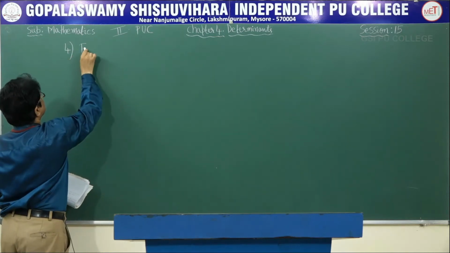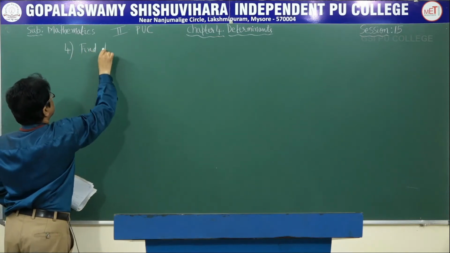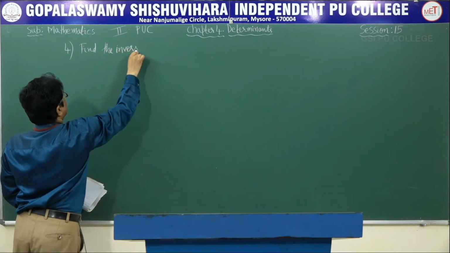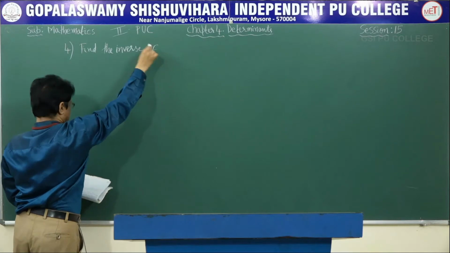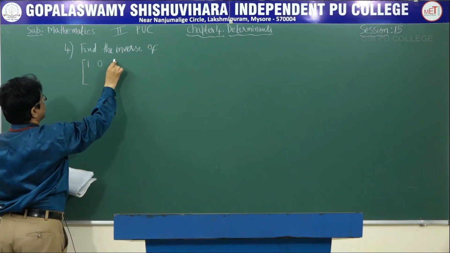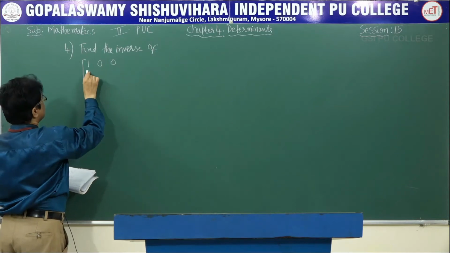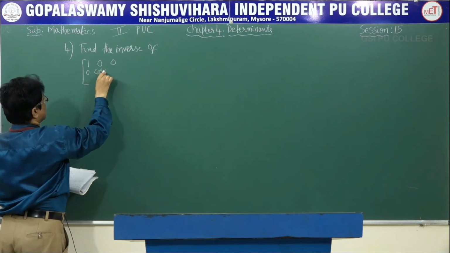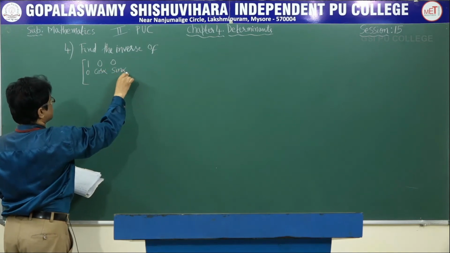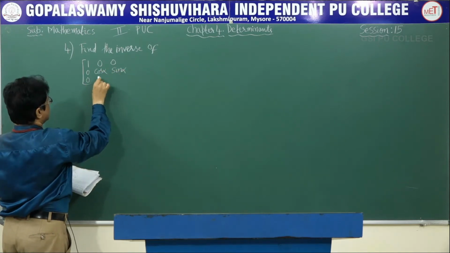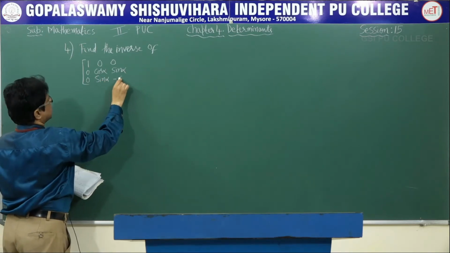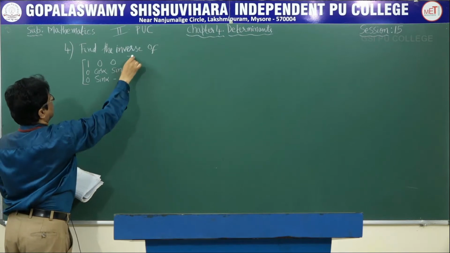Find the inverse of the matrix 1, 0, 0, 0, cos alpha, sin alpha, 0, sin alpha, minus cos alpha.